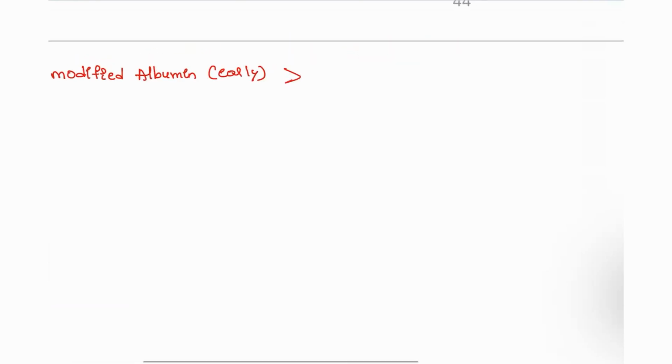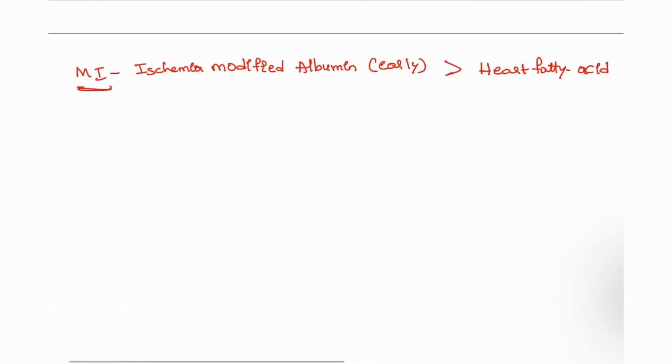Okay, next we are going to discuss the MI markers here in a short note. What is the first MI marker to be elevated, guys? That is ischemia modified albumin, which is the early one. Okay, if it is not given in the options, then choose heart fatty acid binding protein. If both of these are not given, then within less than 2 hours it is going to be myoglobin.